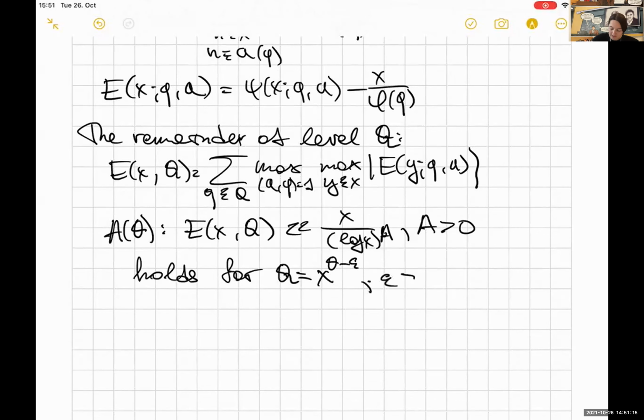So this holds for every epsilon larger than 0, every A larger than 0, where the implied constant depends only on epsilon and A. So here I can put epsilon, A below the Vinogradov sign.